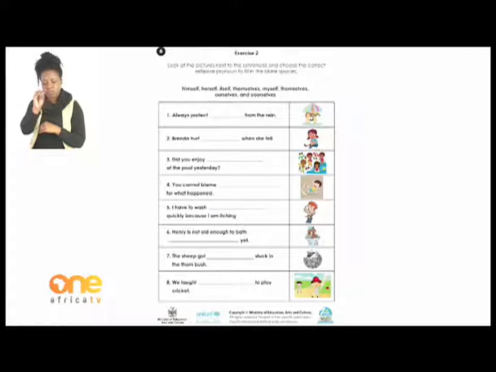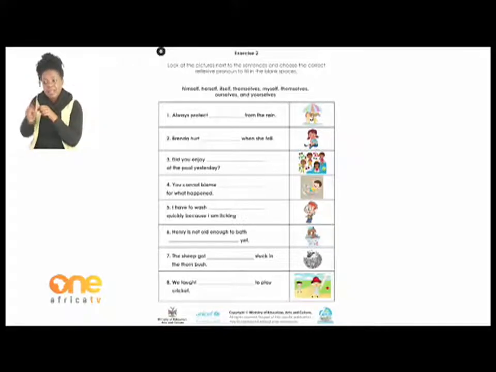Now remember, I said reflexive pronouns, they usually end with self and selves. Now you are going to look at the pictures and you are going to determine which reflexive pronoun will fit in the blank space. I'll do one example for you.